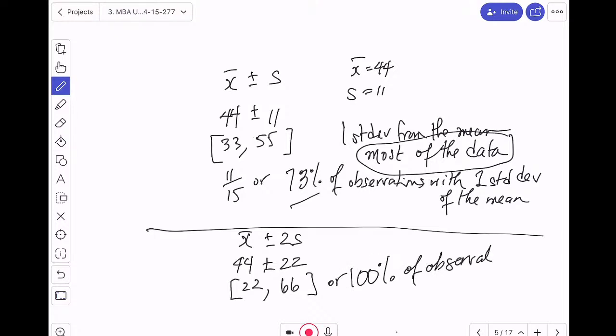The higher the standard deviation, the more spread out the data, and this is how we use it.